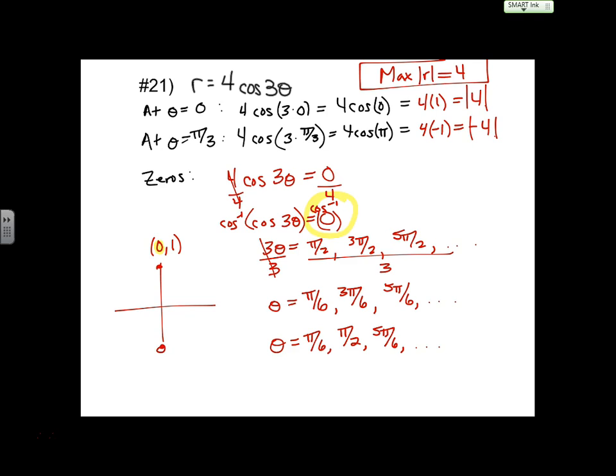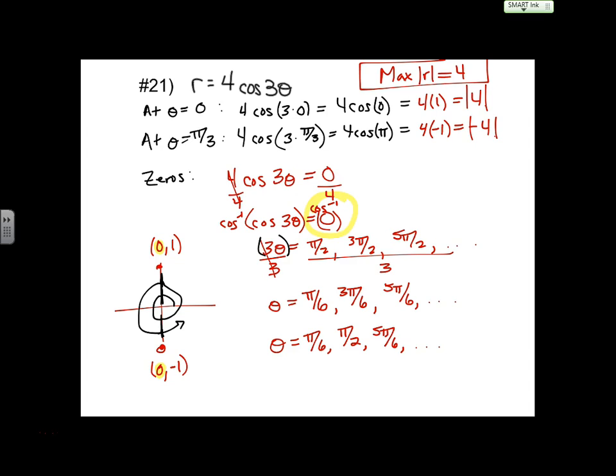So at pi over 2, at 3 pi over 2, and I could keep on going. That's for the 3 theta, so you divide by 3. See what I mean? I could keep on going. It's going to keep on hitting those two locations, but those are the 3 theta phases. So I had to solve by dividing both sides by 3. So all the pi over 6s.